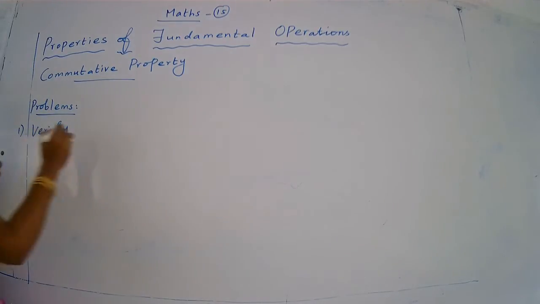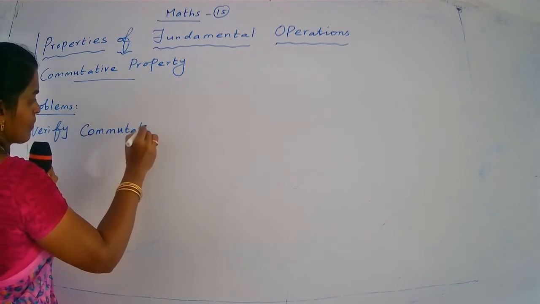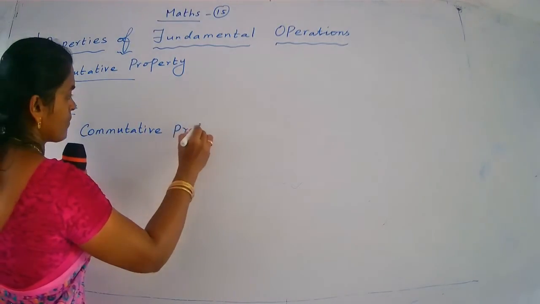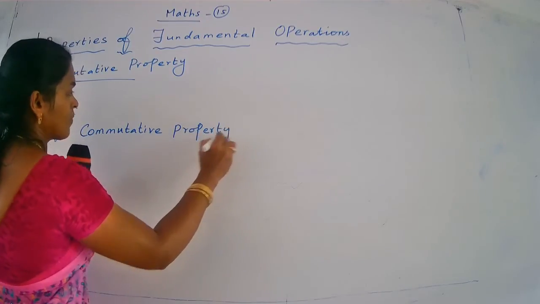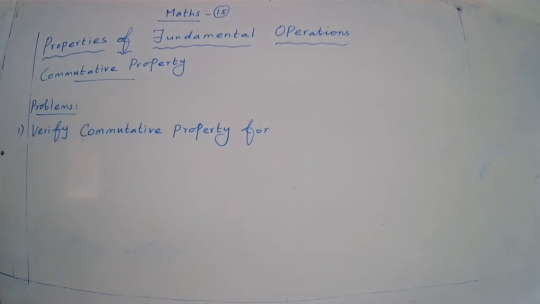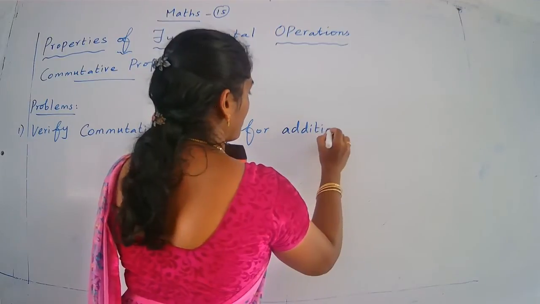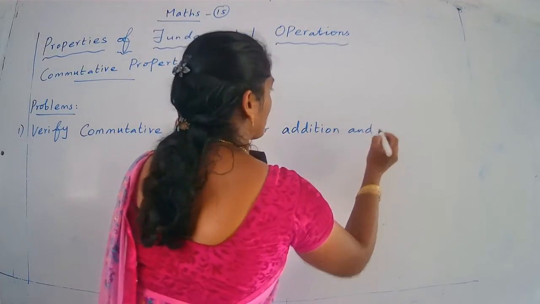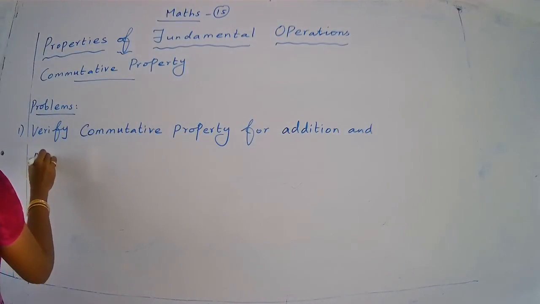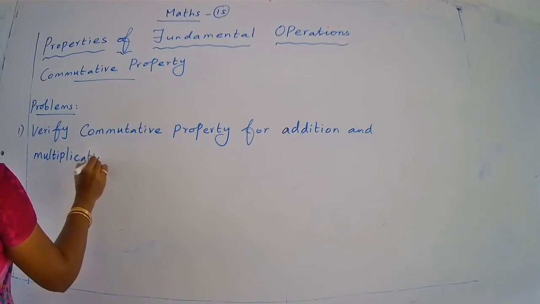Okay children, first of all you check commutative property for addition. Okay, so you write commutative property for addition. Yes, here a is 6, b is 5. Now you check the property. Your property is a plus b is equal to b plus a.